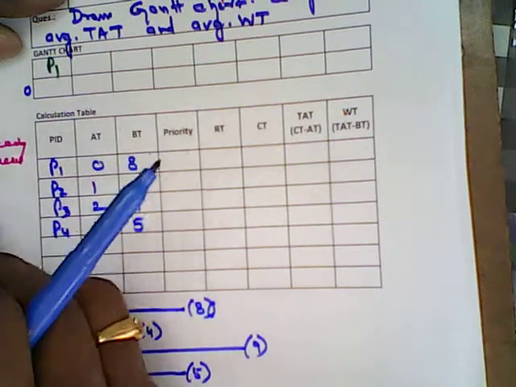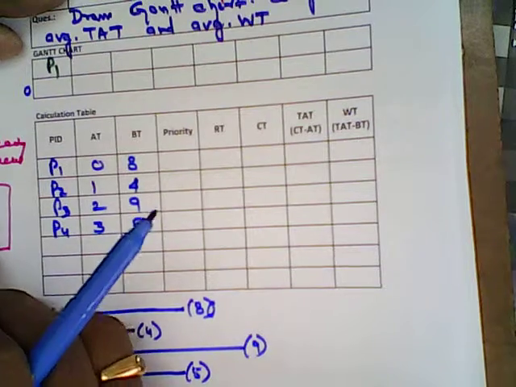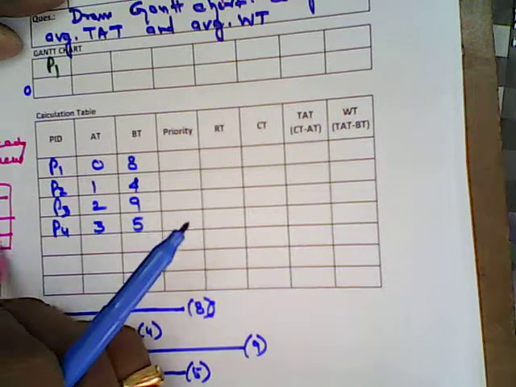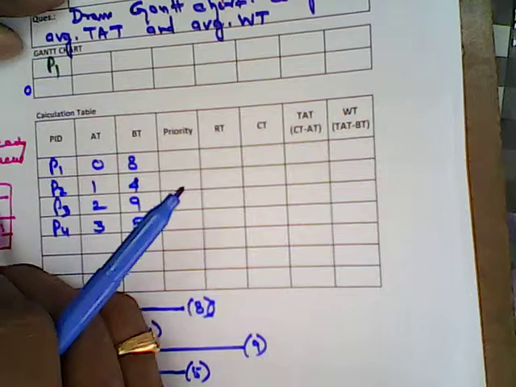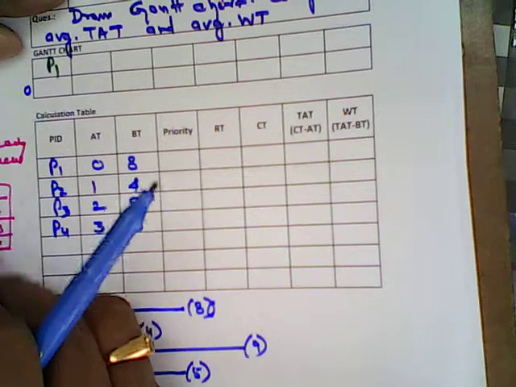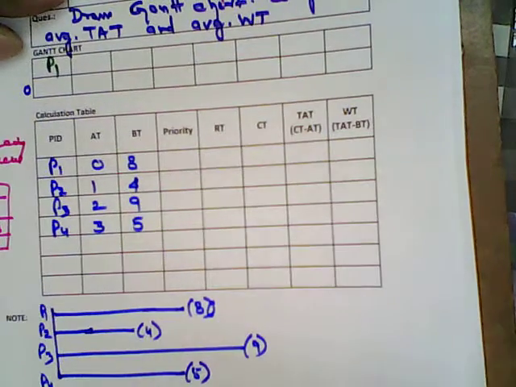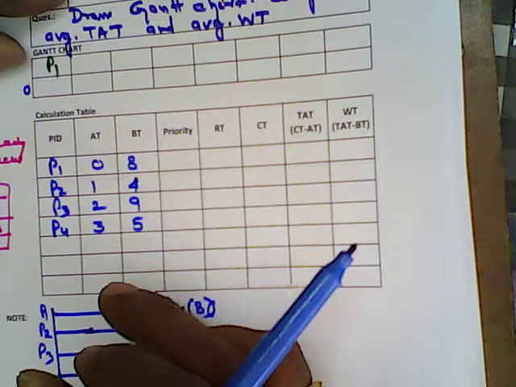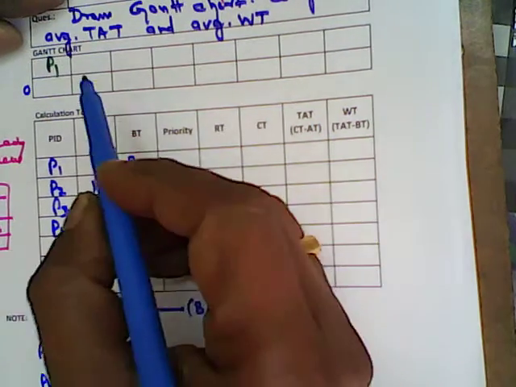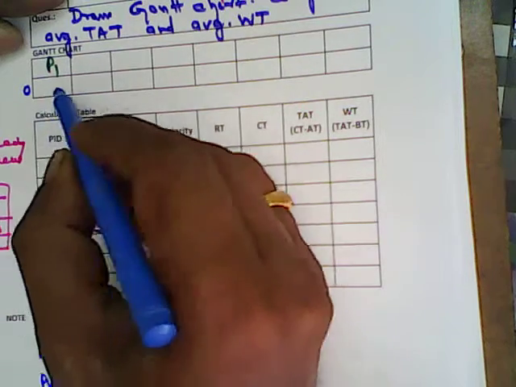That means the processes P4, P3, P2, the order in which they have to come, will be accordingly designated. So when process P1 runs for 1 unit of time, it will be 1 here.